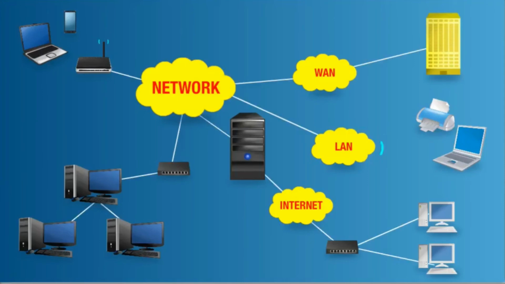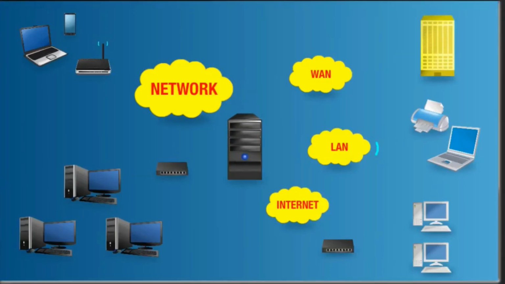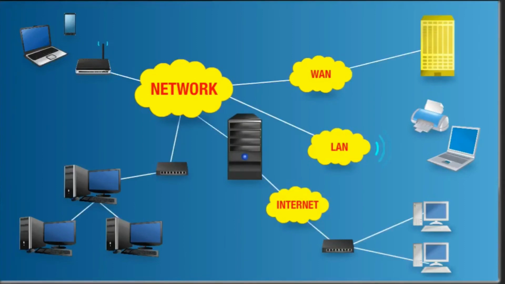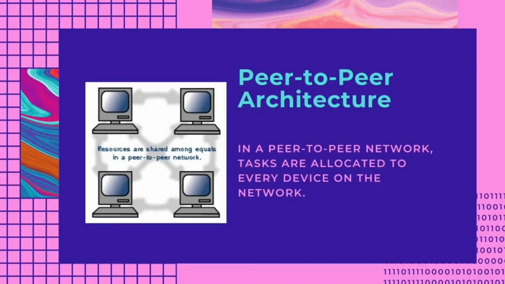Since network architecture is a very broad topic, there is not enough time to talk about everything. So I will tell you about the two most widely used architectural models. The first one is a peer-to-peer network or P2P network. In a P2P network, all connected computers have equal capability and the capacity to use the resources available on the network.